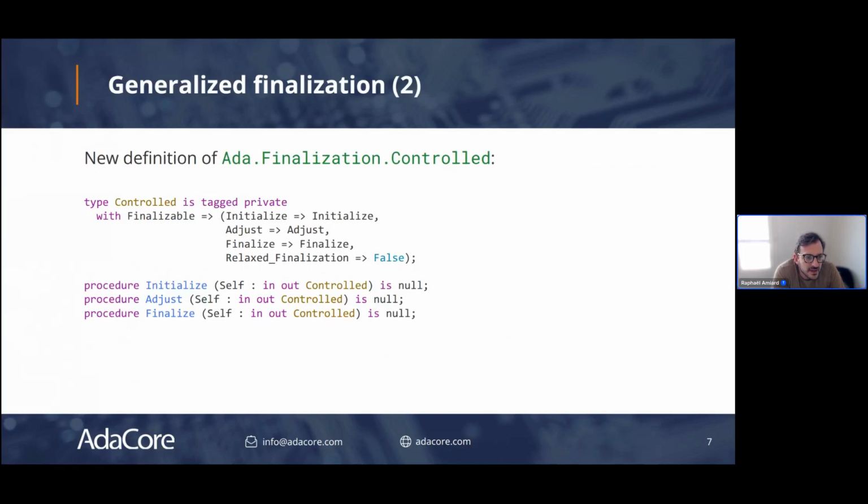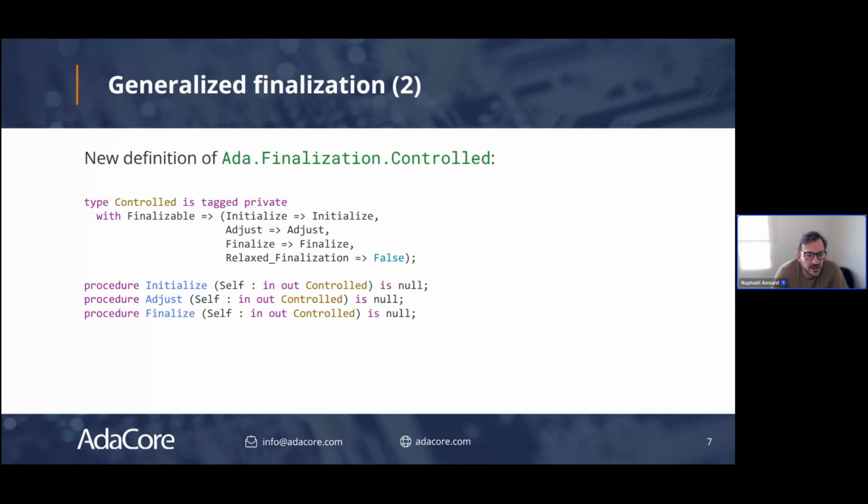So what we did is define a new feature, which you can access via the finalizable aspect, and which basically encompasses finalization completely. It allows you to define a few aspects on a few subprograms on a type.